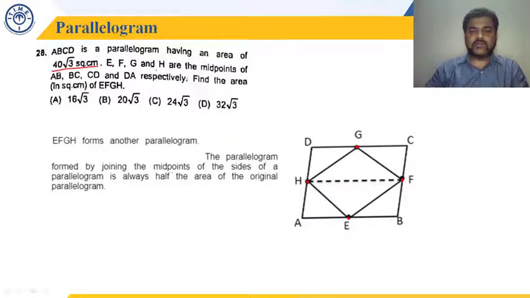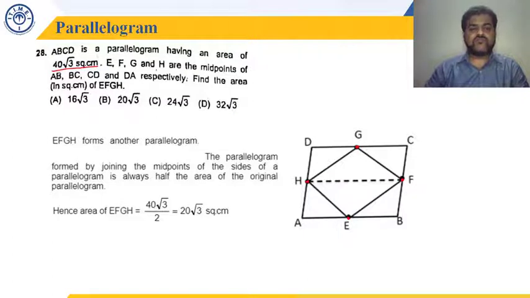So what will be the area of the parallelogram EFGH? It will be just half of 40 root 3. Fine. So it will be 40 root 3 divided by 2, which is 20 root 3. So the area of parallelogram EFGH will be 20 root 3. Fine. Okay. Let's move ahead.